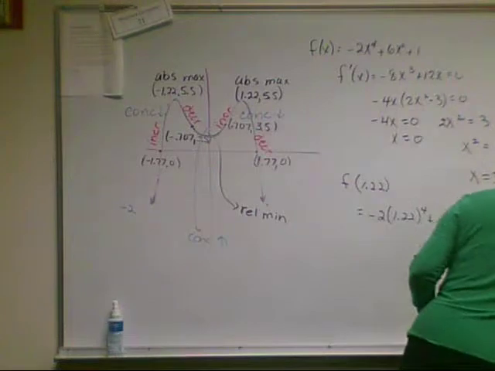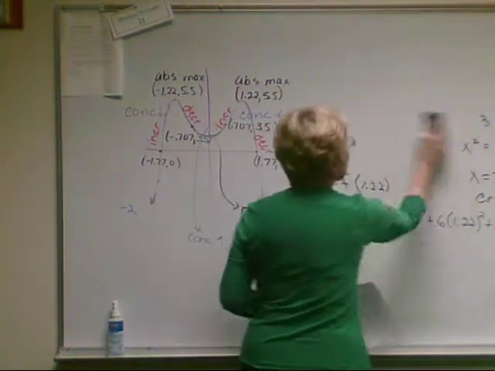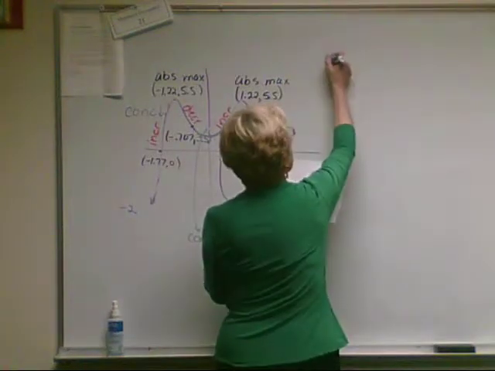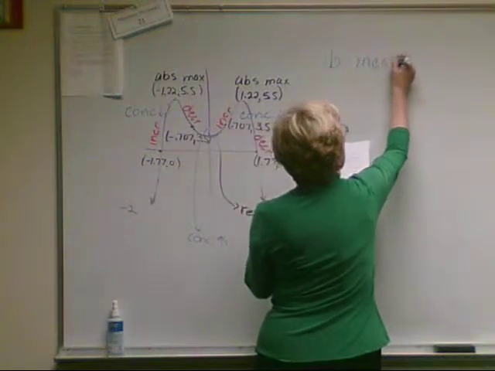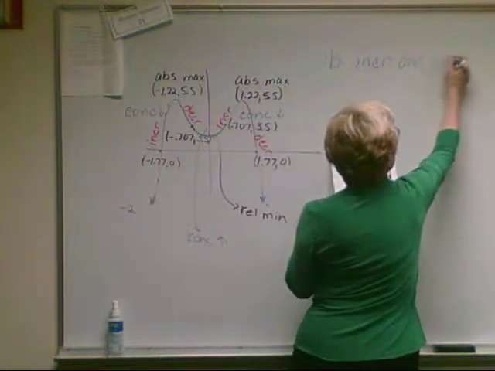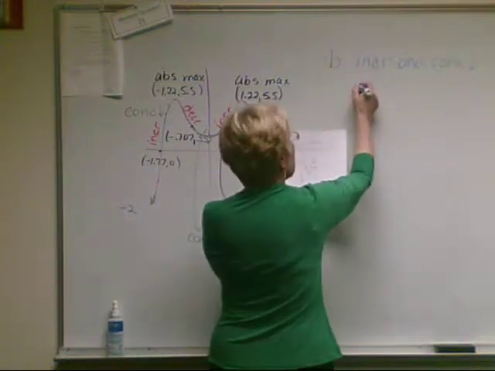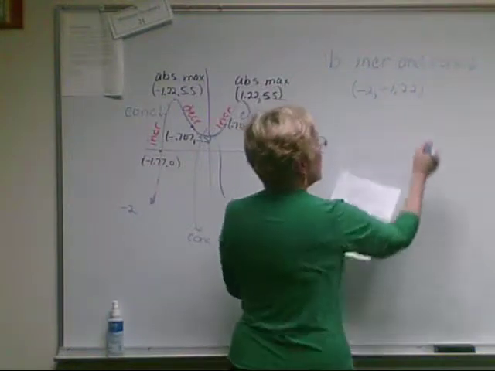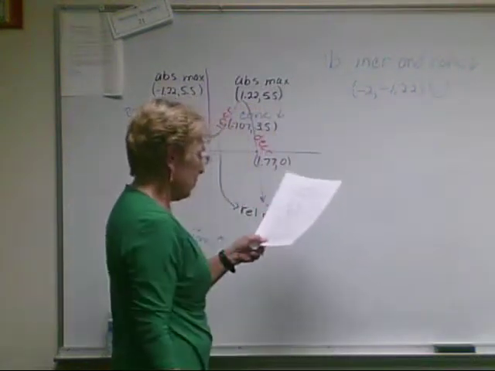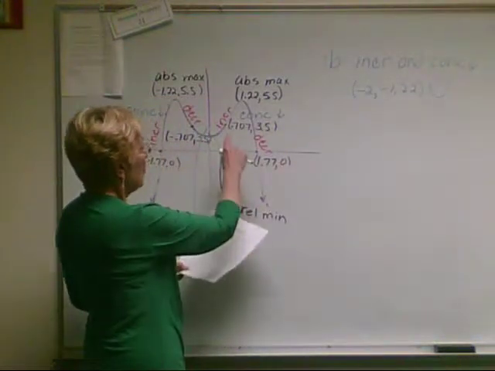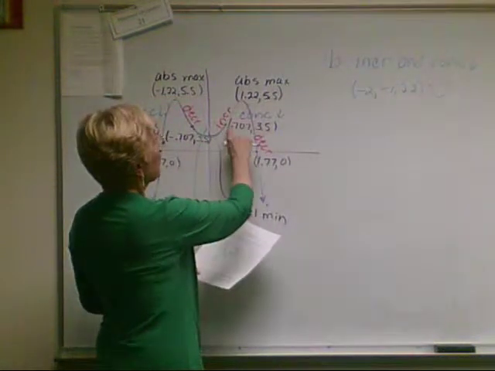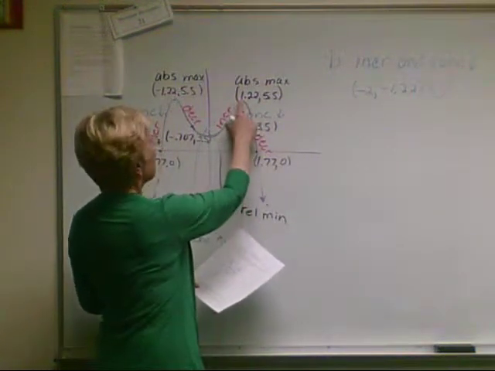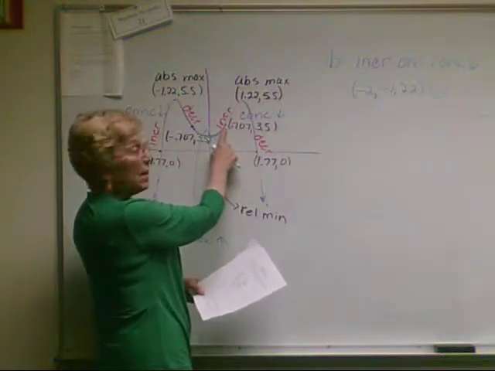So let's erase some here and write the answer to 1B: increasing and concave down from -2 to -1.22, or you can pick that same thing up from 0.707 to positive 1.22, because it's increasing on this little stretch after the change in concavity there.